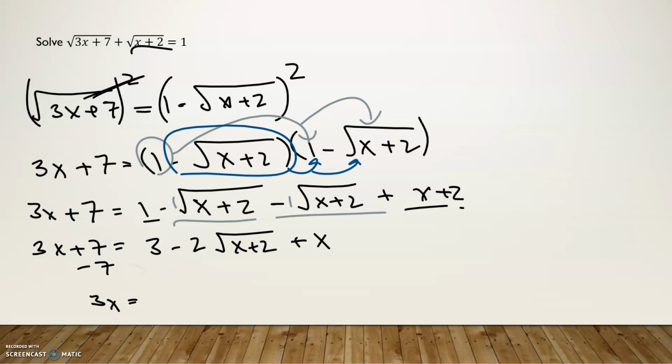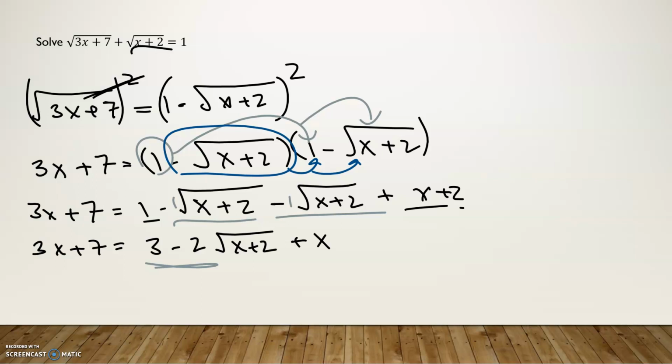What we're trying to do now is we still have this radical, and we need to get that isolated. So what I'm going to do is move everything else to the other side. Now don't combine these two, the 3 and the negative 2, because that negative 2 is attached to that square root by multiplication. The only way to get rid of it is to divide.